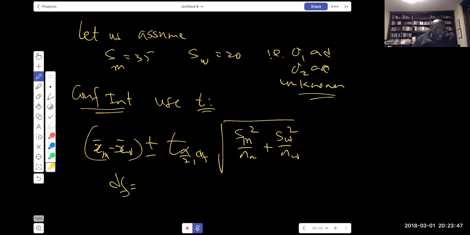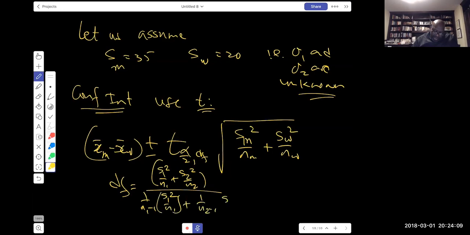You have a numerator that is s1 squared over n1 plus s2 squared over n2, squared. Then you divide by 1 over n1 minus 1 times s1 squared over n1, plus 1 over n2 minus 1 times s2 squared over n2. So you do that calculation and you round it to the nearest integer.